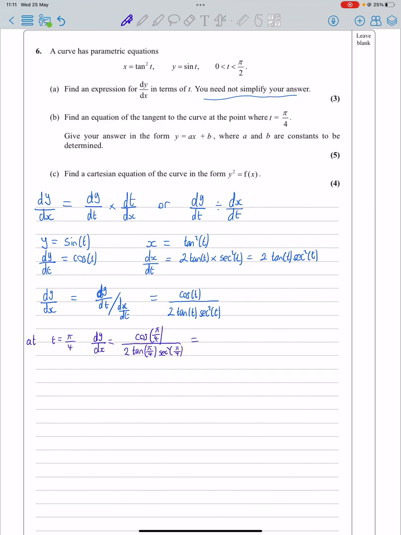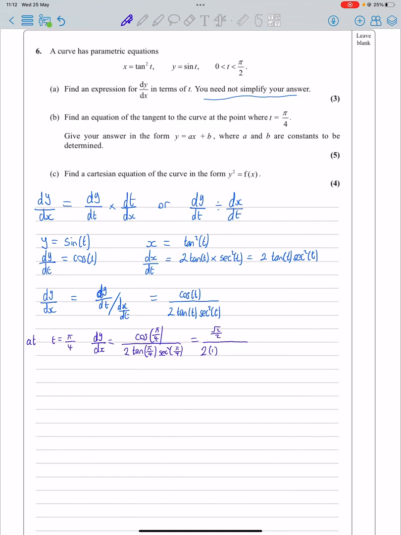Now, pi over 4 is like 45 degrees, so cos of pi over 4 is going to be root 2 over 2. And that's all divided by 2 lots of tan pi over 4, which is going to be 1.